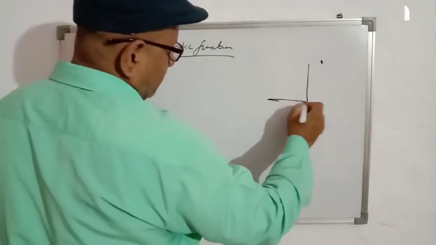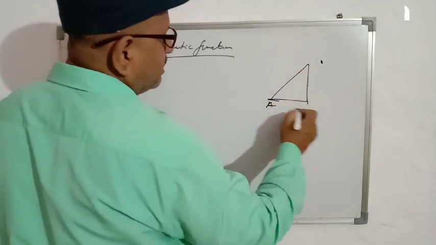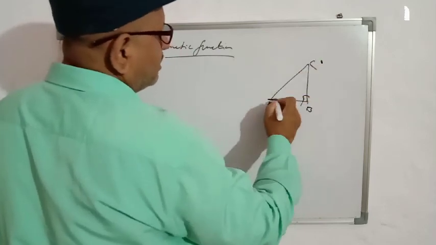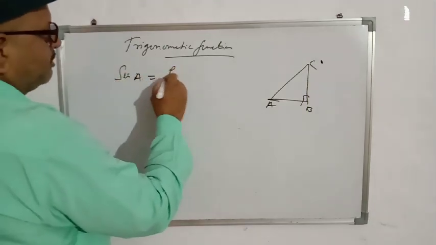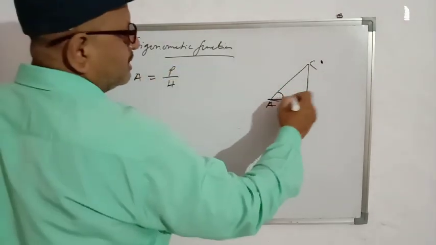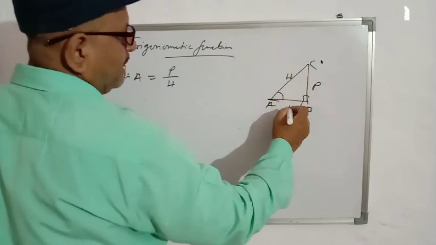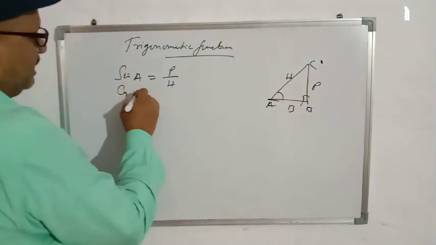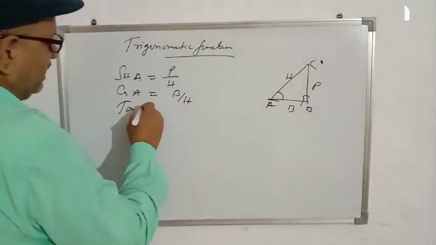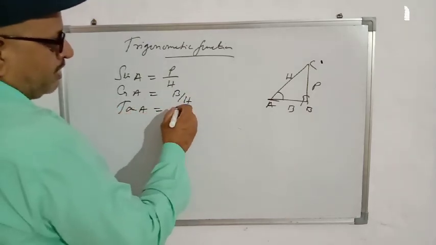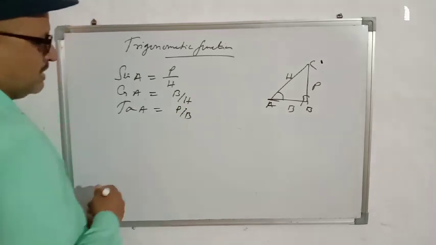In a right angle triangle, we know that sin A is perpendicular by hypotenuse, cos A is base by hypotenuse, tan A is perpendicular by base, like this.